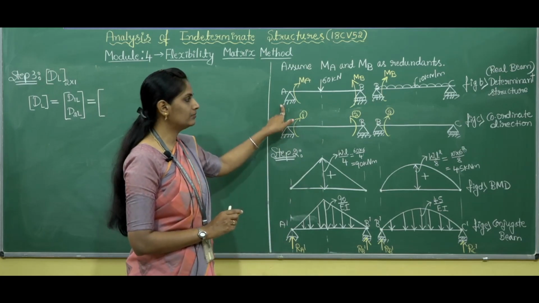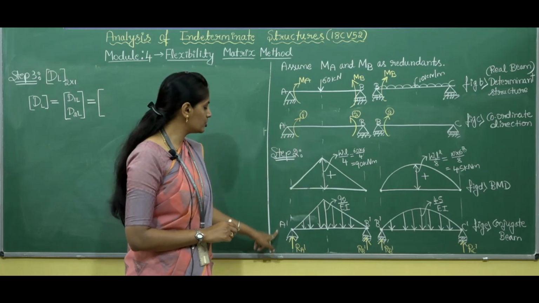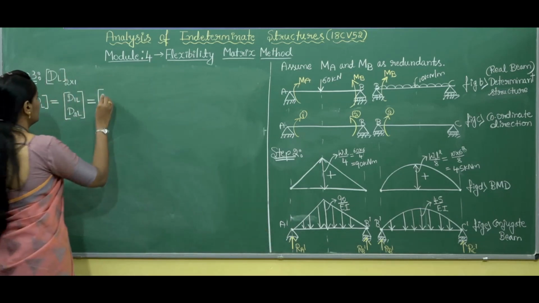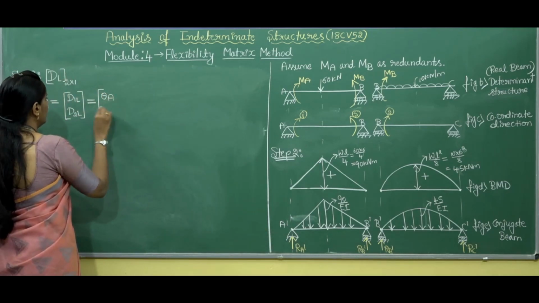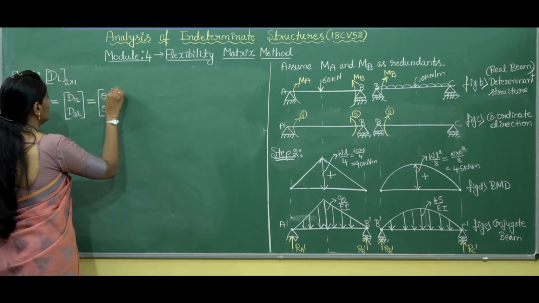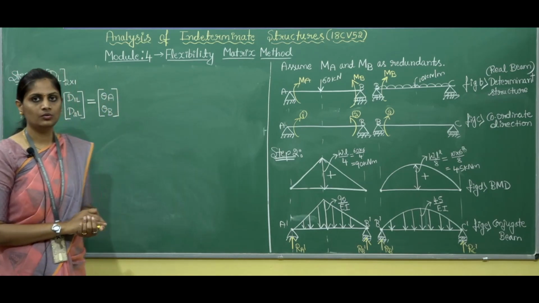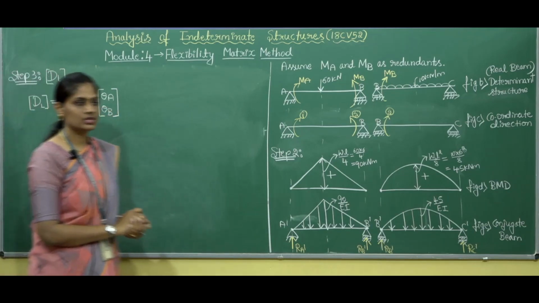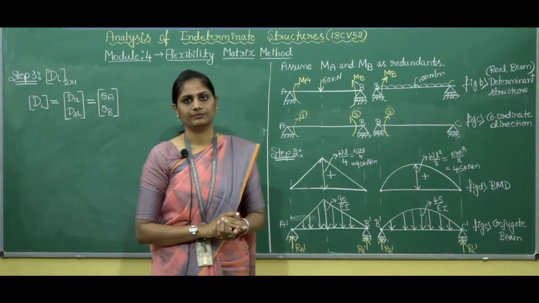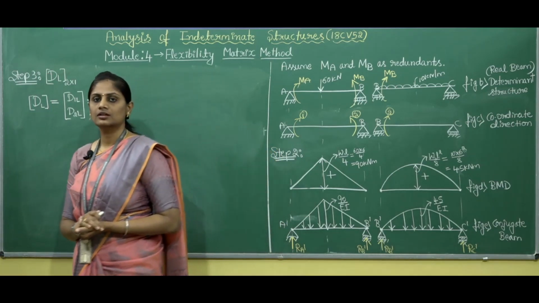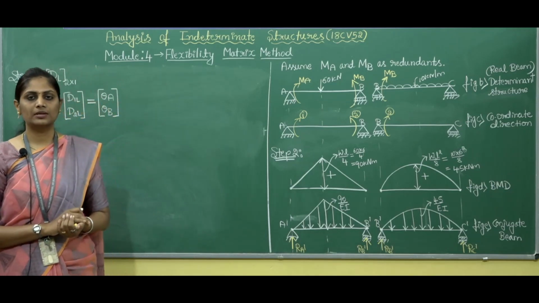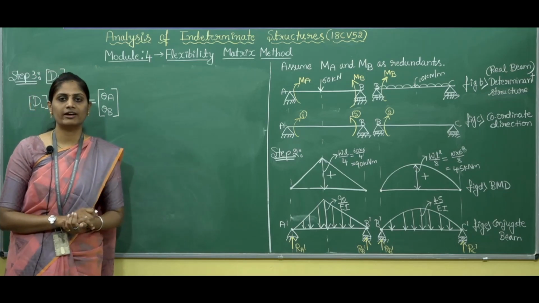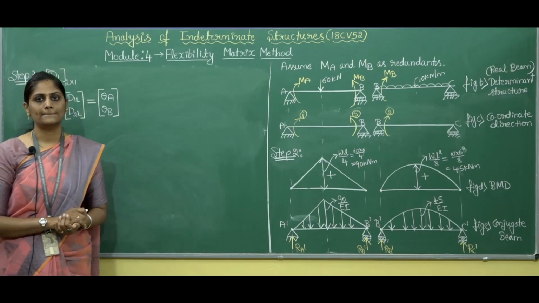That means in the real beam we require theta, in the conjugate beam we should find shear force. So here D1L is nothing but theta A and D2L is nothing but theta B. Next we need to find theta A and theta B by using the conjugate beam. In the previous semester you learnt the conjugate beam method.